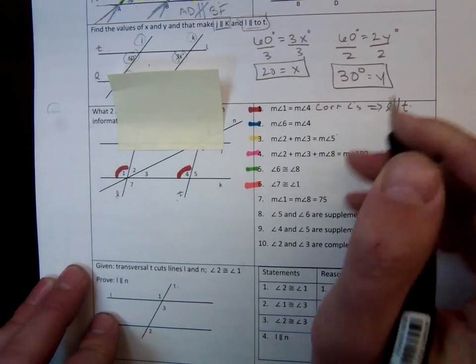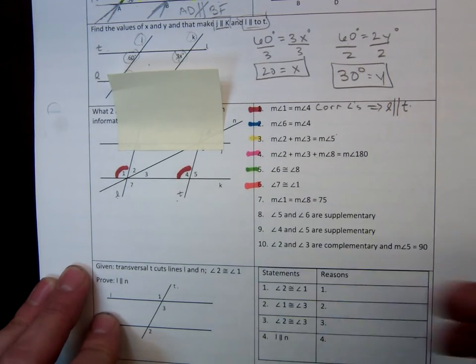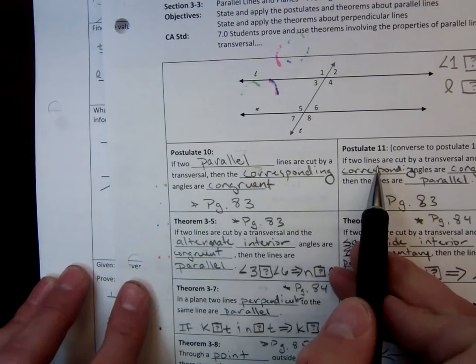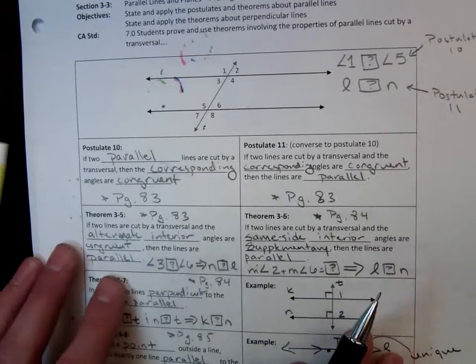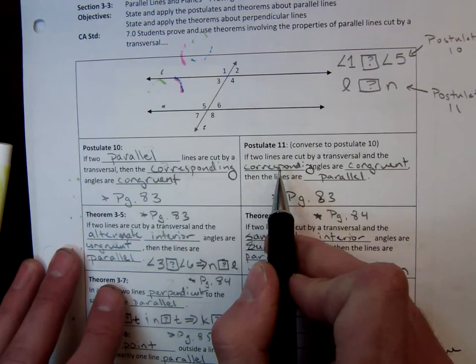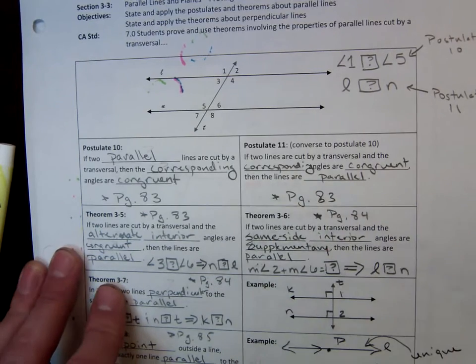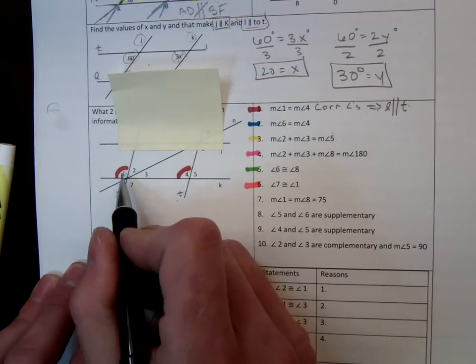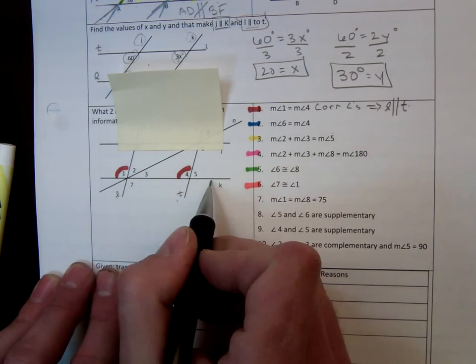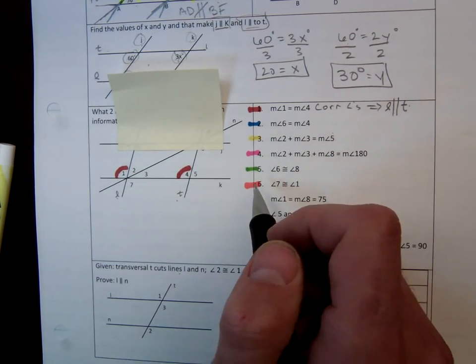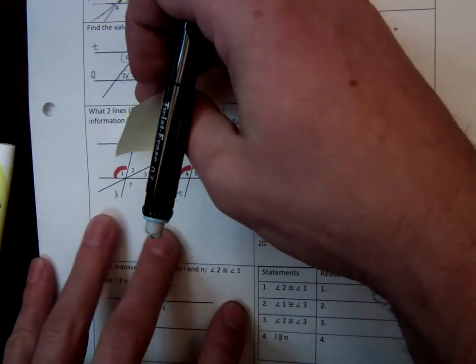And that, of course, goes back to postulate 12 or postulate 11, stating that if two lines are cut by a transversal and corresponding angles are congruent, then we know those lines are parallel. Angles 1 and 4 are formed by the two lines being cut by the transversal, and they are corresponding angles that are congruent, so we know that those two lines must be parallel.